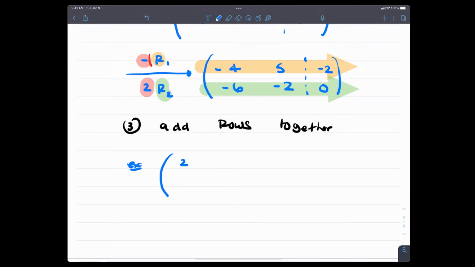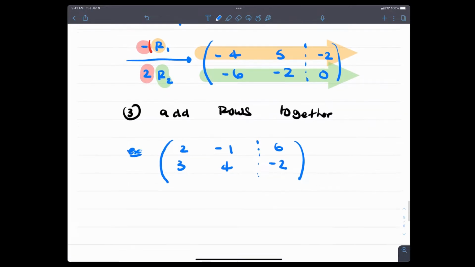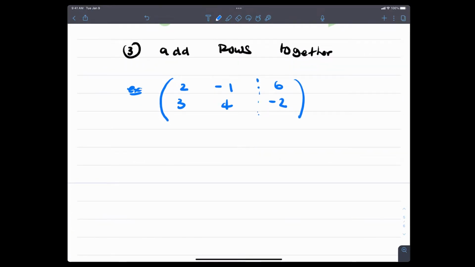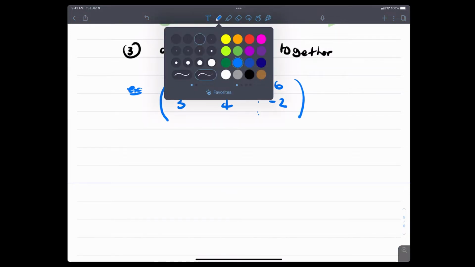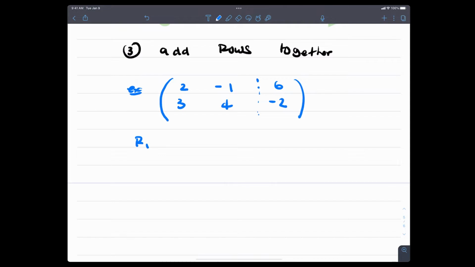You can have 2, -1, and 6. This can be 3, 4, and -2. Okay? So this is how we add our rows together. I'm going to take row 1 and add it with row 2. Row 1 added with row number 2.